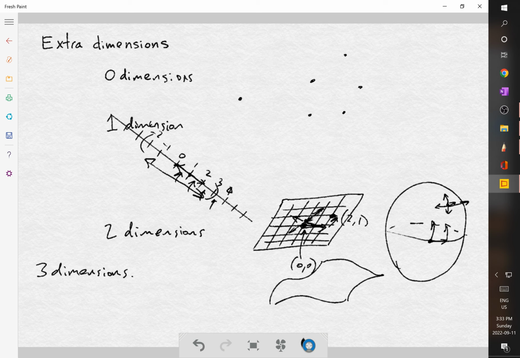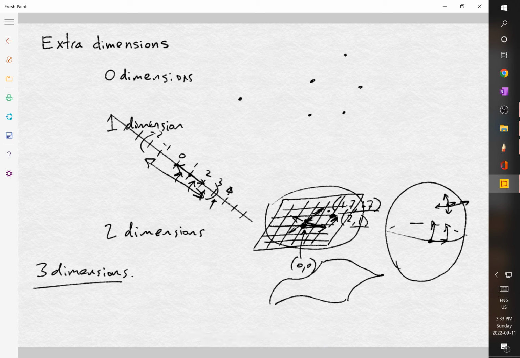And so you could see that any point here, even the ones in between, that one might be 1.7 and 1.7. And so there would be this efficient and unique way of describing all of the nearby points here by using a pair of real numbers. Okay, so 2 numbers, 2 dimensions.